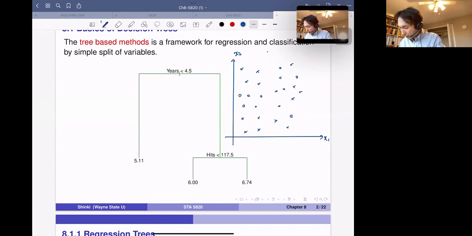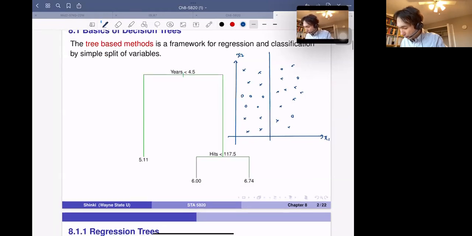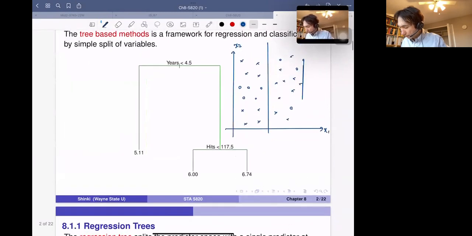Then maybe the first split is here. Maybe on the left-hand side, more circles, and on the right-hand side, fewer circles. Then after that, maybe we put a split here, with more circles above this and fewer circles below this.